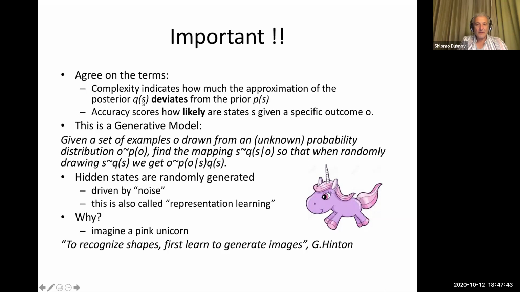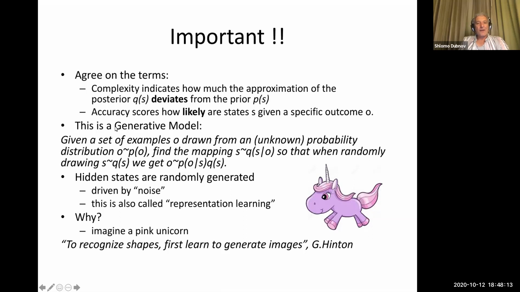The internal world, the internal representation of the underlying causes that happen in the world, deviates from the true one, which we don't observe, only the observations. And then accuracy is actually looking into the observations. So how likely, okay, what we imagine about the causes is, given that we observed something.